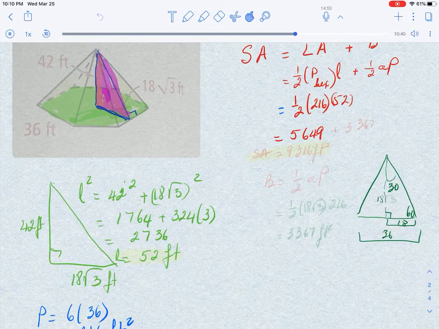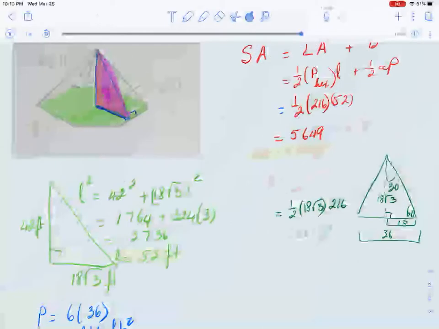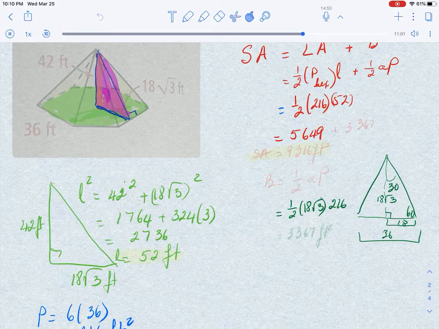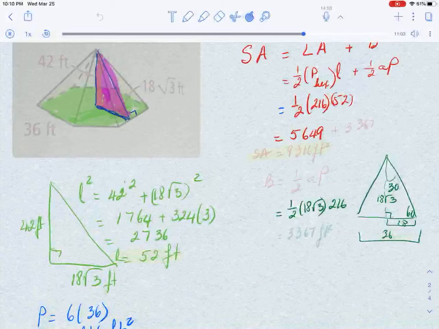This will be 18 radical 3. So what I have here is 1/2, my apothem is 18 radical 3, my perimeter is 216. Let's multiply them together and divide by 2. Multiply 18 times radical 3.